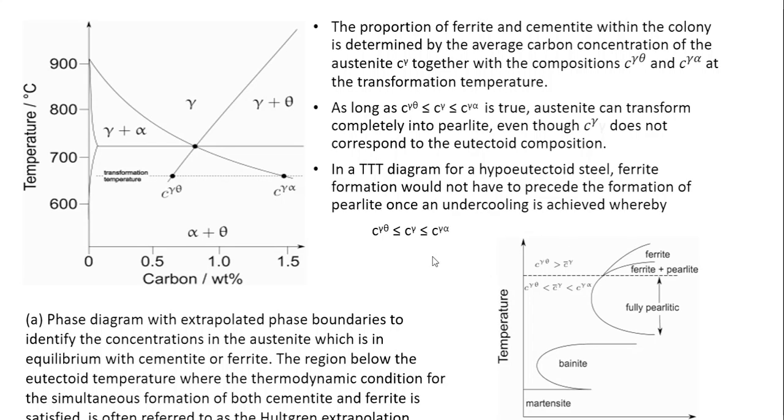So again the condition is the same here: C gamma theta less than or equal to C gamma less than or equal to C gamma alpha. So it has to be somewhere here.